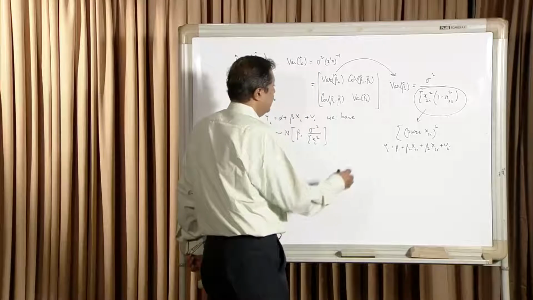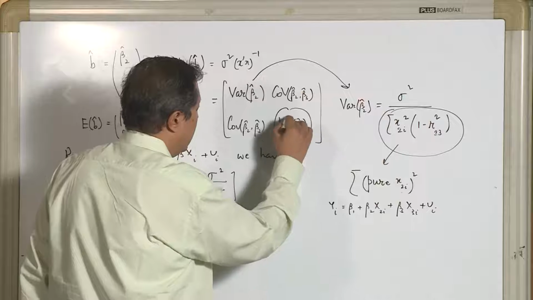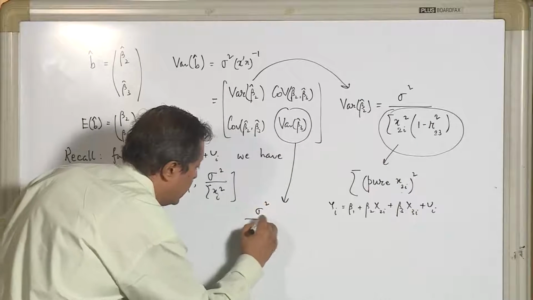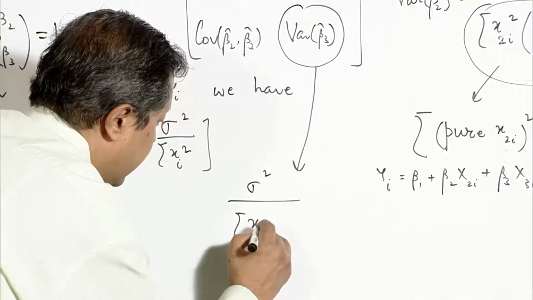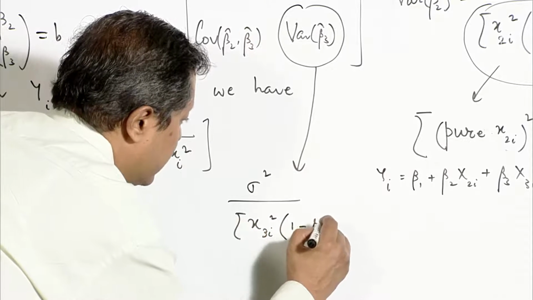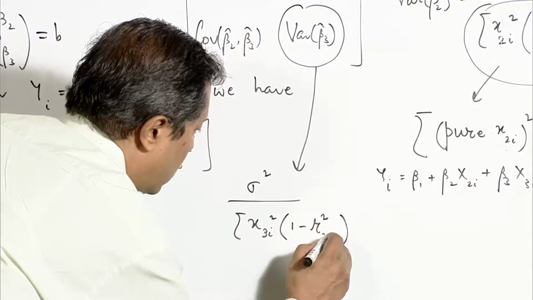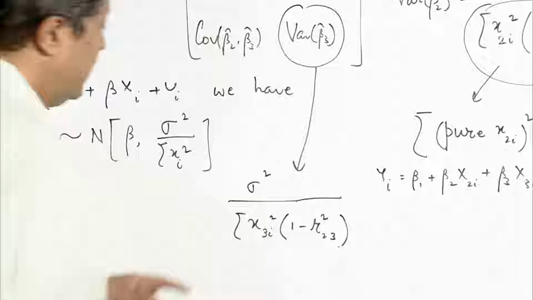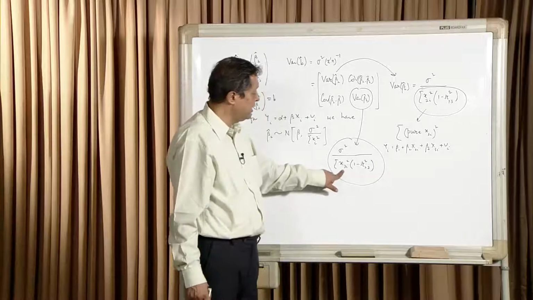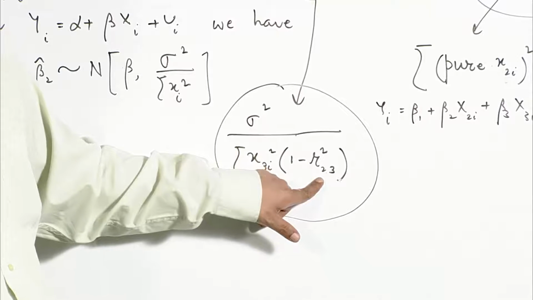In a similar manner, it will be easy to see that the variance of beta 3 hat will be equal to sigma square divided by not just x3i square, but the cleansed, purified effect, because x3 also depends on x2. So, that is sigma square divided by x3i square times 1 minus r square 2 3.